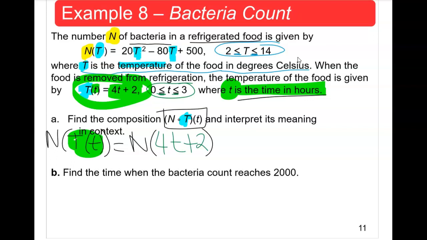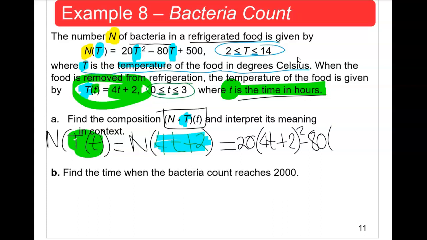Now we're going to look at function N. For the capital T here and capital T here, we're going to replace those with the equation for T, 4t plus 2. So we have 20 times (4t plus 2) squared minus 80, and then instead of T, we have 4t plus 2. And then finally we have plus 500.